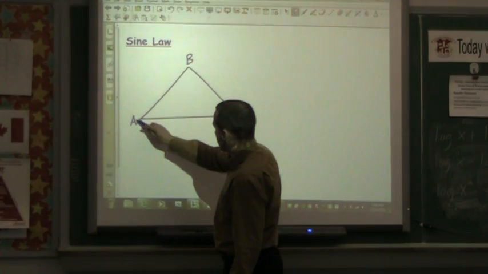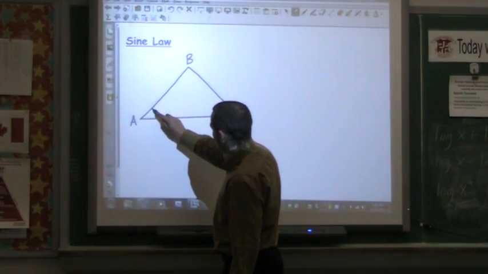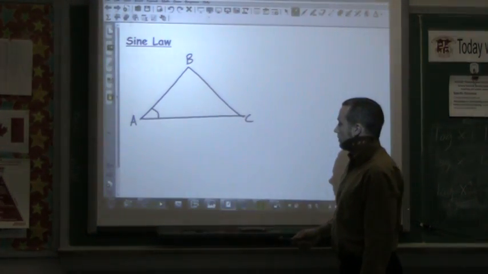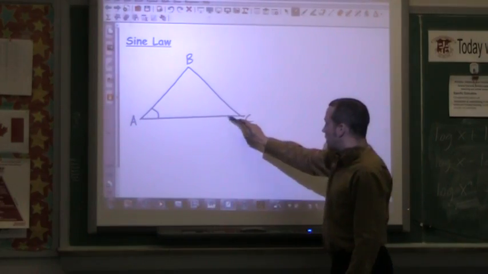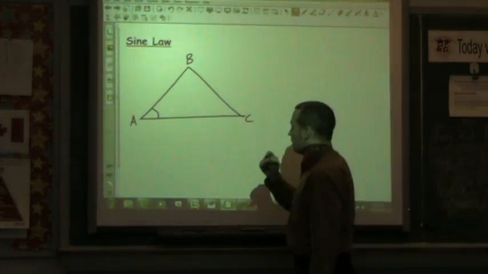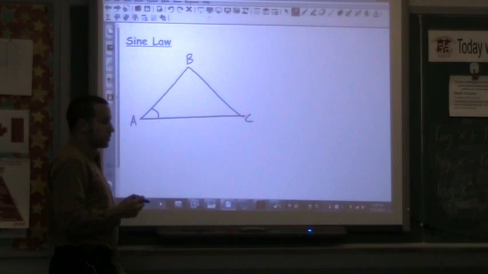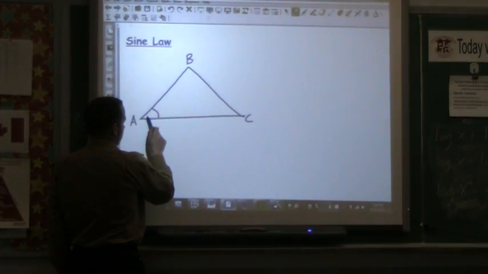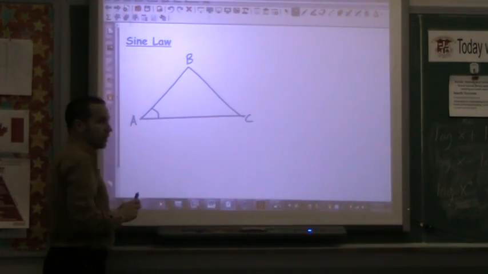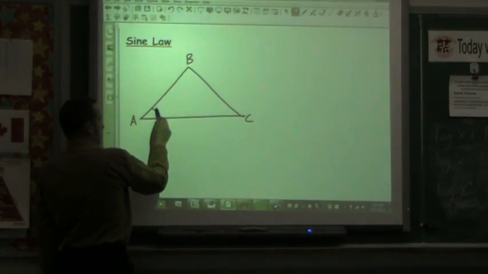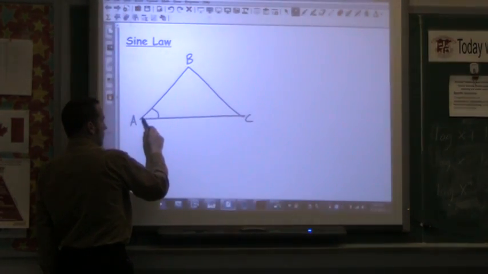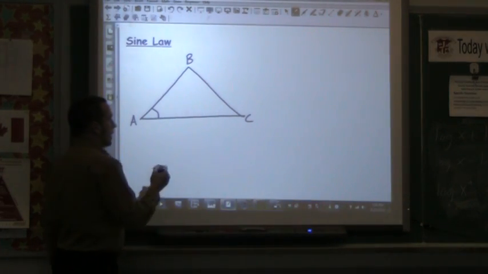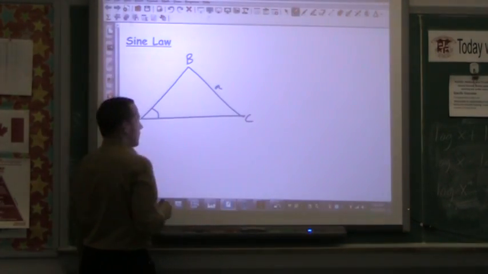So if that's vertex A, then this is angle A, and this would be angle B, and this would be angle C. And then, if I want to label the sides, side A is the side that's directly across from angle A. So if you want to think about bisecting the angle and putting a line right through the middle of the angle, the side that line would hit is side A. And that's lowercase a.